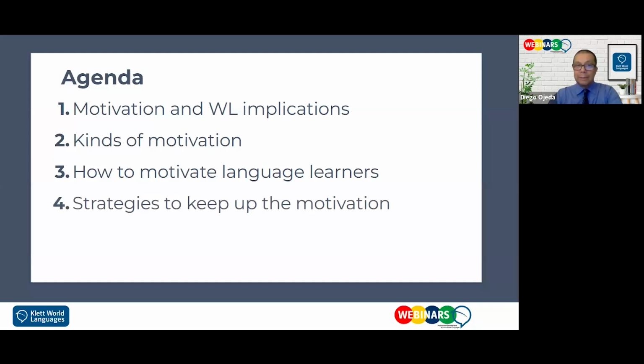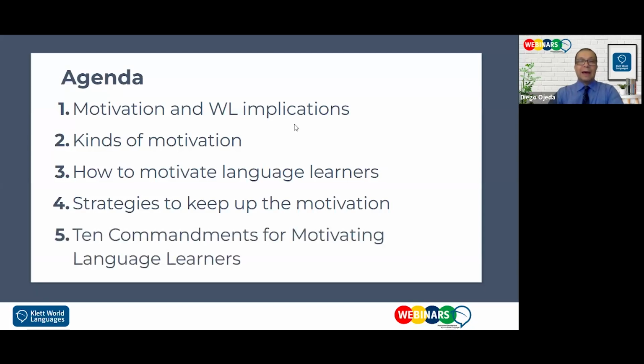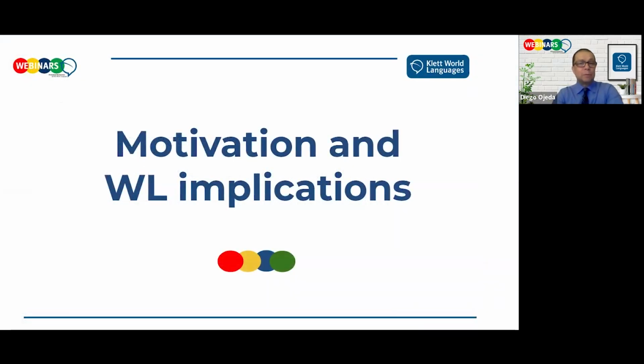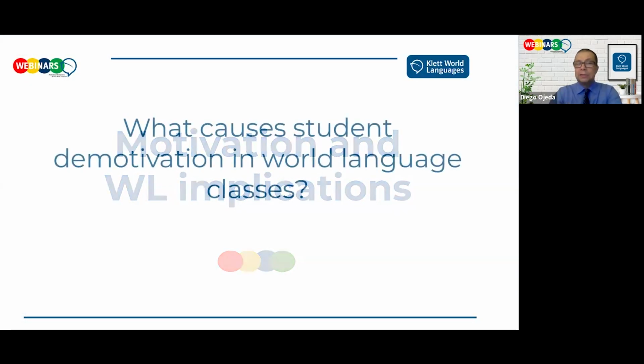Then we're going to talk about strategies to keep up the motivation. So how can we maintain that energy throughout the year? And finally, we're going to finish with the 10 commitments for motivating language learners. Kind of like a conclusion, closing, with these 10 ideas that are going to help us maintain the motivation in our classes. So let's get started with motivation and world language implications.